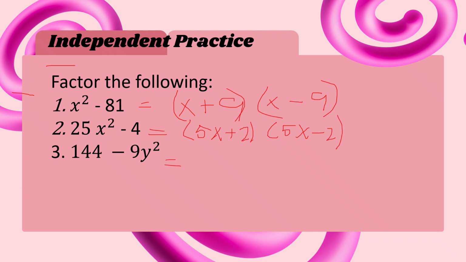And for 144, the square root is 12, right? And for 9y squared, we got positive 3y and minus 3y.